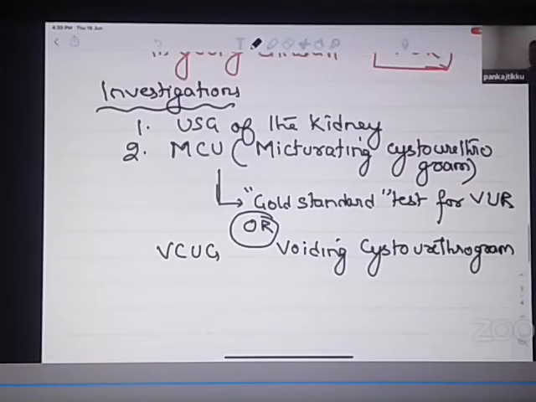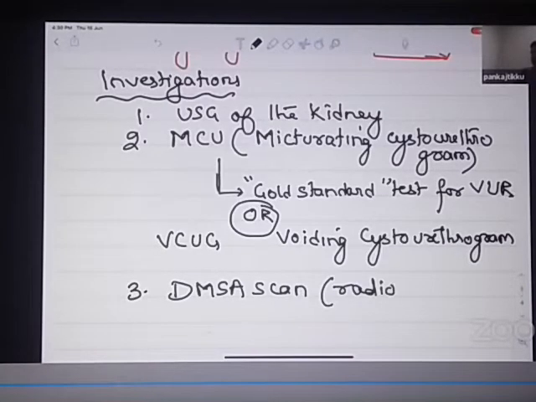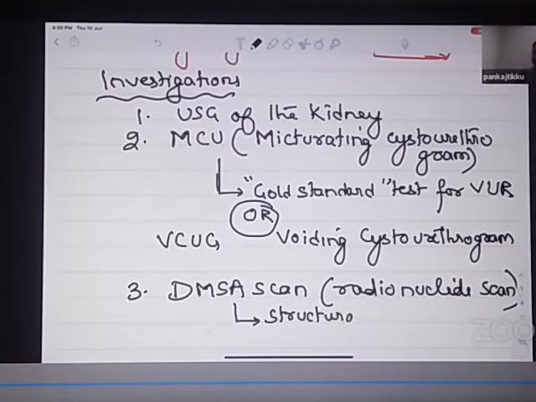And the third test that you would like to do in this case is to do a DMSA scan. A DMSA scan is a radionuclide scan. I think your radiology faculty must have told you it's a radionuclide scan which is used to identify structural damage to the kidney, like scars in the kidney.